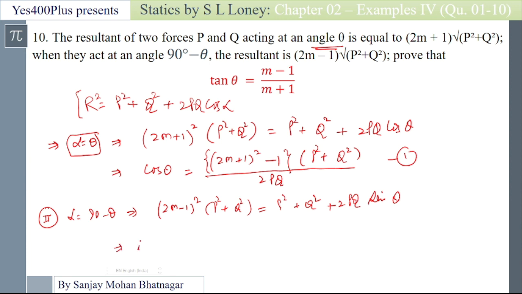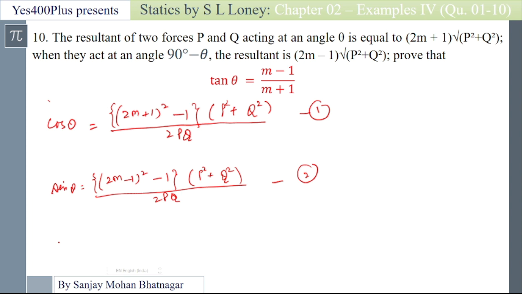So this way we have sin theta equal to ((2m minus 1) whole square minus 1) into (p square plus q square) upon 2pq.